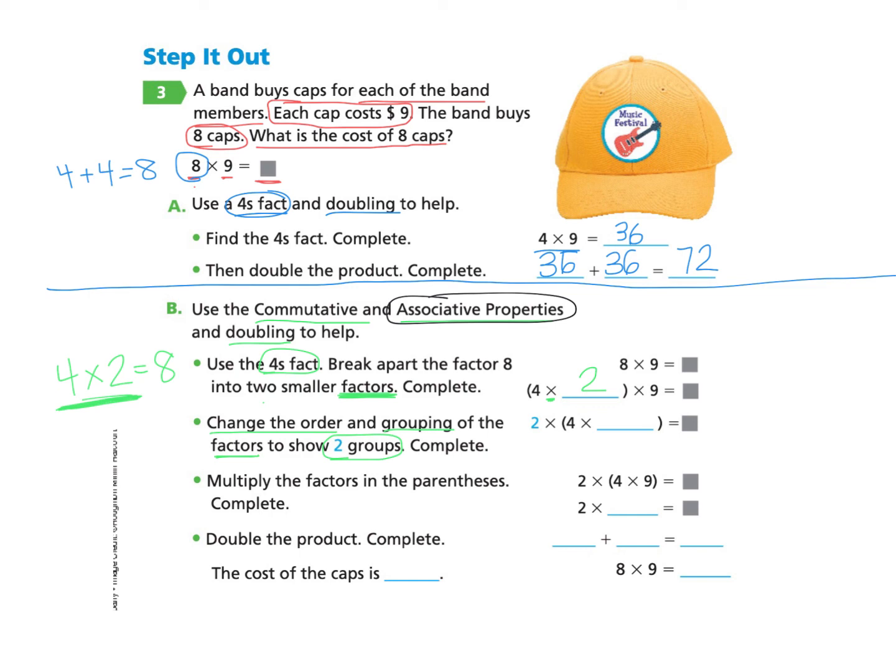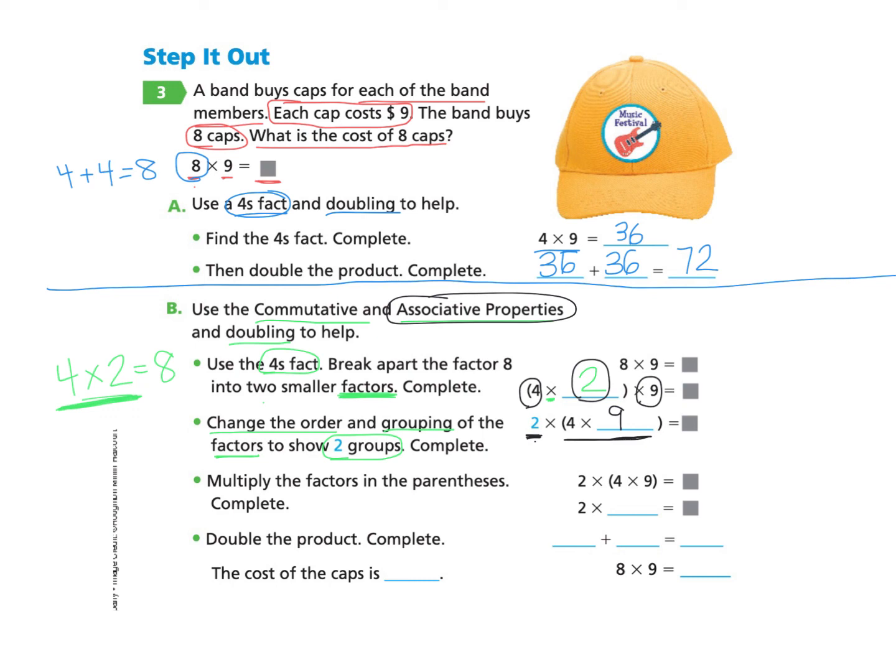The reason we're changing this grouping is because it's a lot easier to multiply any number by 2. So our factors were 4, 2, and 9, and now we have regrouped to make 2 times 4 times 9. So we're going to move that 9 and group the 4 and the 9 together because it's easier to multiply one number by 2. And so this is another strategy that we're using to solve this equation.